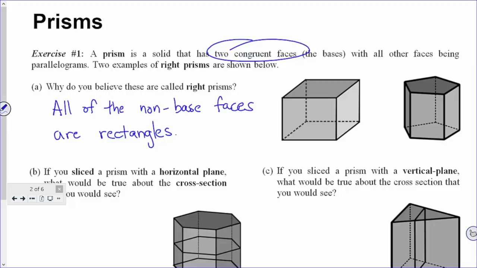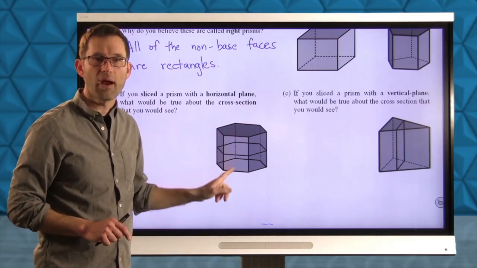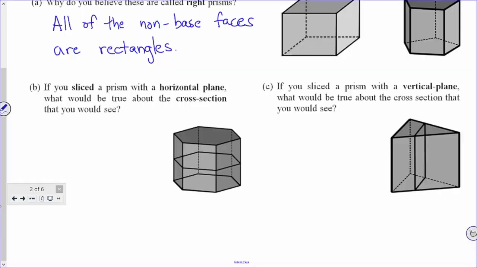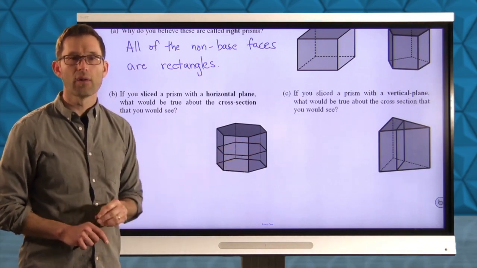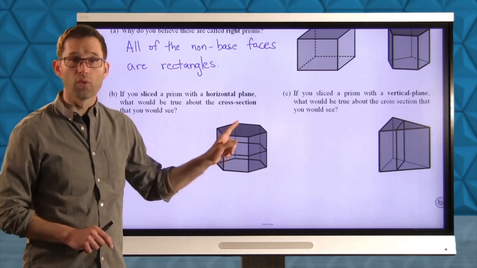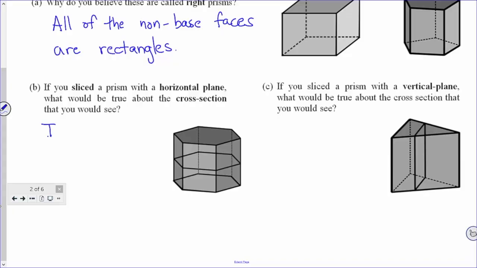So let's come down to letter B. If you sliced a prism with a horizontal plane, meaning a plane that was parallel to the two bases, what would be true about the cross section that you would see? Take a look at this particular one. What's true about this cross section that's outlined? Well, it would be congruent to the two bases.